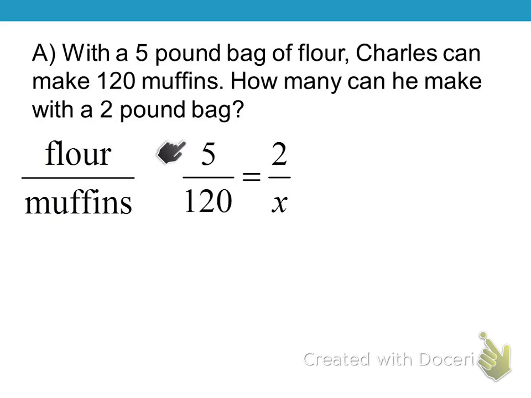Then I'm given some information about the pounds of flour. Well, I'm always putting the flour information on the top. So the 2 has to go across from the 5. I'm looking for how many muffins it'll make, so that's where my variable goes. That's my unknown. And now you solve it just like we solved the other proportions. We're going to cross multiply, so 5 times x equals 2 times 120.